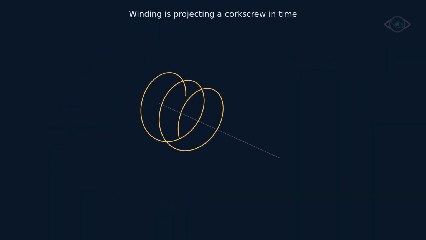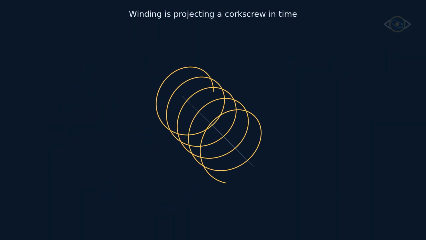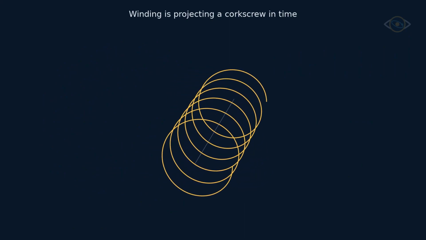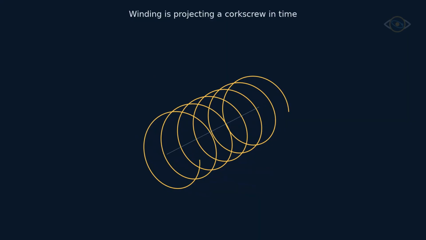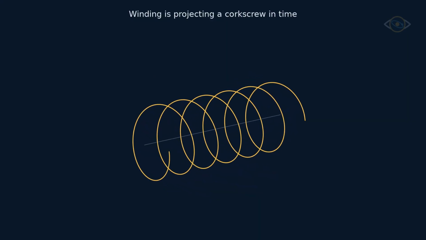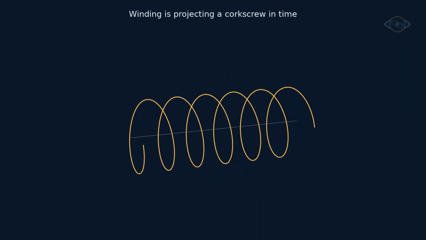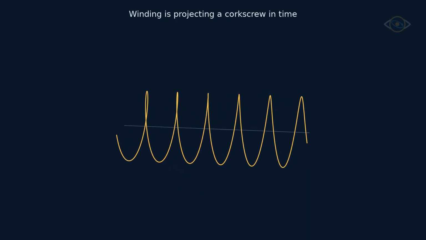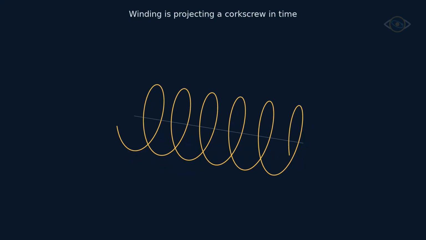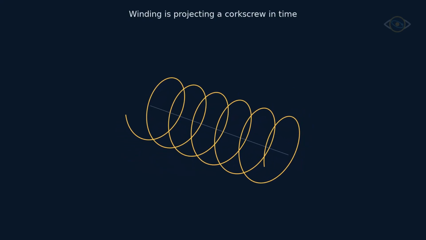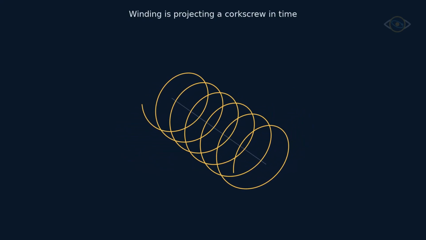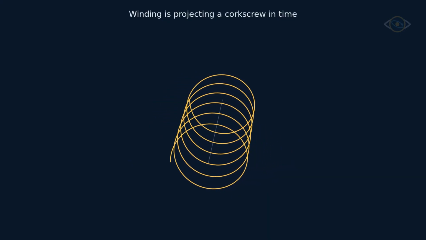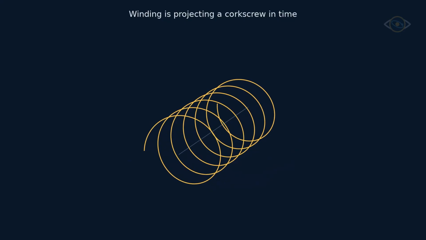Here's what winding really is, in 3 dimensions. Time runs along the long axis, and the rotating vector traces a corkscrew, a helix, spiraling through time. Whoa. So when we wind the signal, we're looking straight down that corkscrew and seeing its shadow as a circle? Exactly. The transform multiplies the signal by this corkscrew and averages.